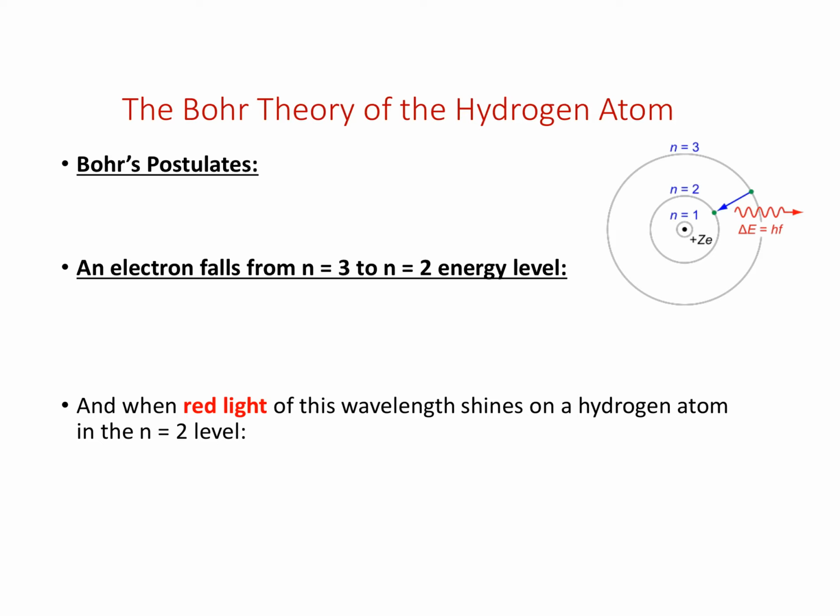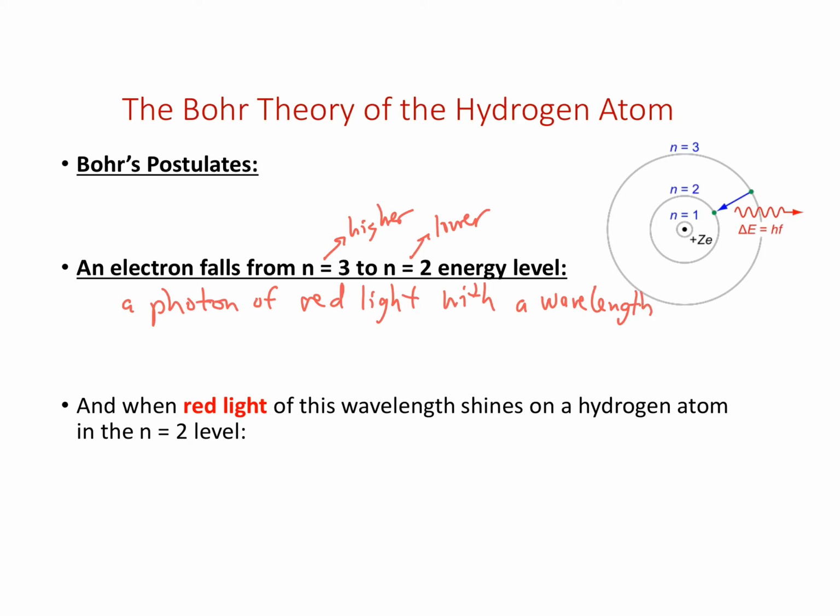Right, so what does that mean? That means, in this example here, if an electron falls from n equals 3 to n equals 2, so this is higher energy and this is lower energy, right? So for that transition to occur, I'm going to release energy. And let's say that transition occurs and a photon of red light with a wavelength of 648 nanometers is released.